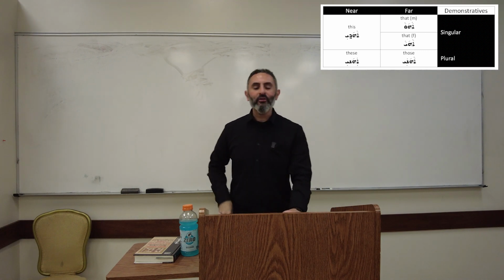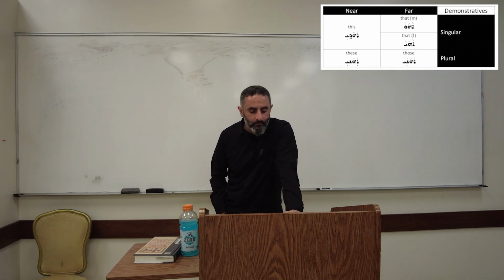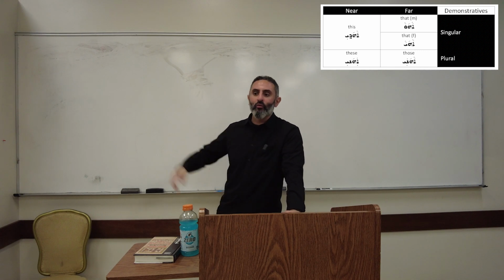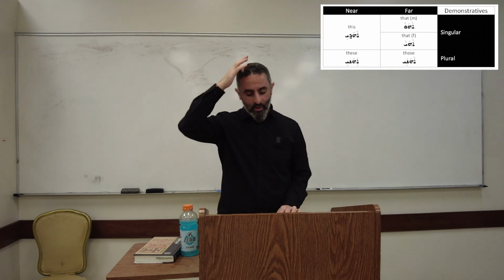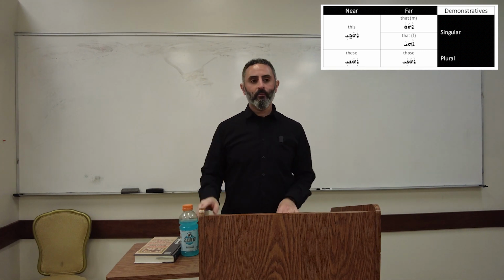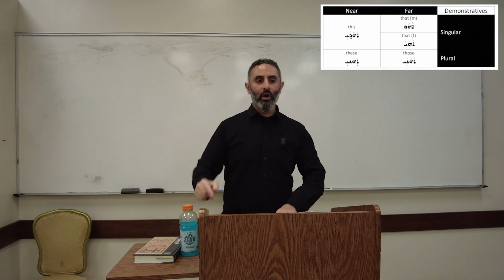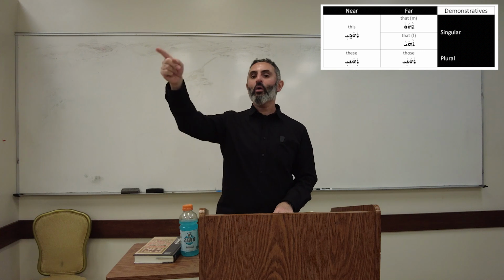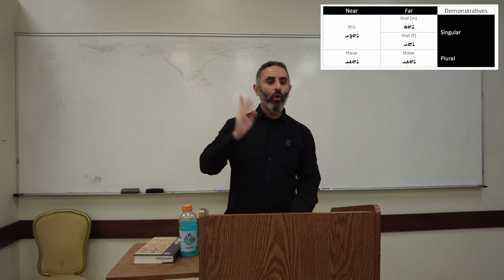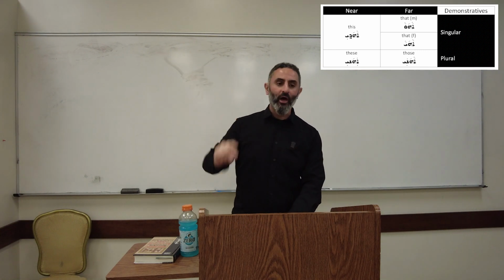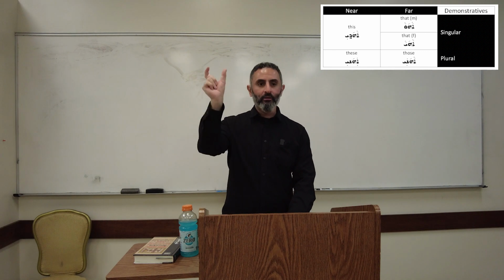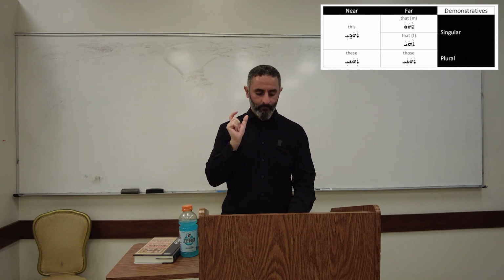Okay. If something is far away, so if you want to say that book, and it's over there, I'm talking about her book on her table, I'm going to say Awa. Everyone say Awa. So Awa kthawa. Everyone say Awa kthawa. Or you can say O kthawa. Again, these are contractions of the same idea. All right?